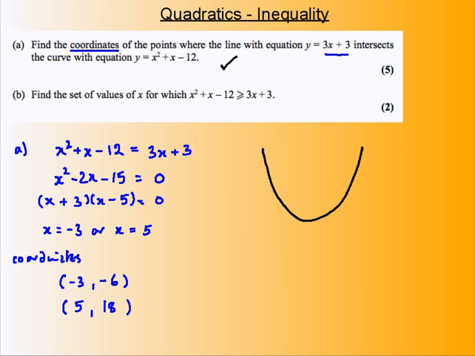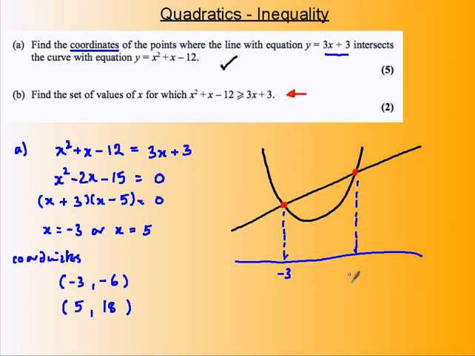And what we have is a straight line, 3x plus 3, crossing that quadratic, and we have found this point and this point. This is now talking about x's alone, so I'm considering here the number line, and I'm considering these points which I found.